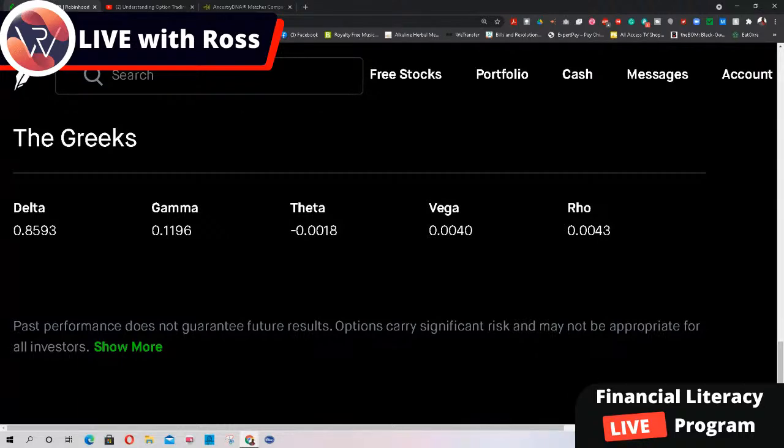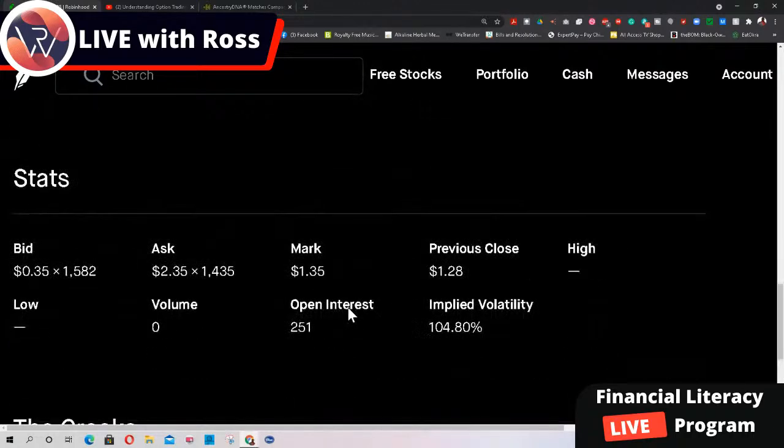Vega indicates how an option's price theoretically changes for each 1 percentage point move in implied volatility. And you guys know me, I always talk about the implied volatility, which is a great indicator of how this option will perform, whether it's going up or going down. So if you're looking at implied volatility, then you should also be looking at the Vega.